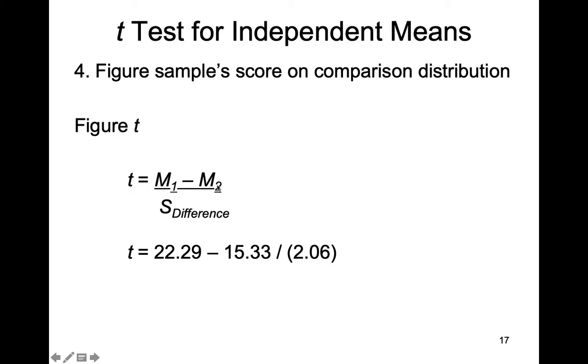Mean 2 associated with population 2, which is girls. So just looking back at the previous lecture slides where I reported the descriptive information, boys had an average perceived popularity of 22.29. Girls had an average perceived popularity of 15.33. We're going to divide that by our standard error of the difference. Our t then becomes 3.38.